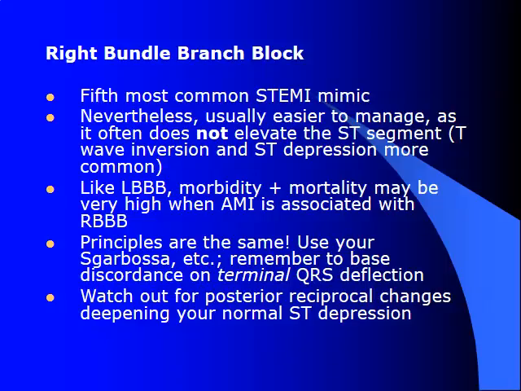Just similar to left bundle branch block, morbidity and mortality may be very high when AMI is associated with right bundle branch block due to the large portion of myocardium that is affected. The principles are the same. We're going to use Sgarbossa, and remember to base discordance on the terminal QRS deflection or the majority deflection of the QRS. And we do need to watch out for posterior reciprocal changes, deepening your normal ST depression.